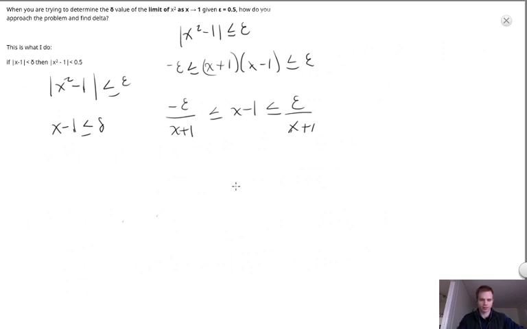And let's add 1 to both sides, and we're going to get 1 minus epsilon over x plus, oh, no, I'm sorry. No, we can't do that.